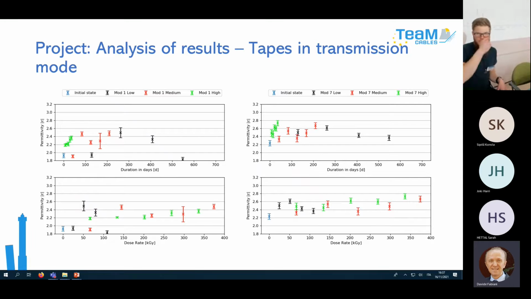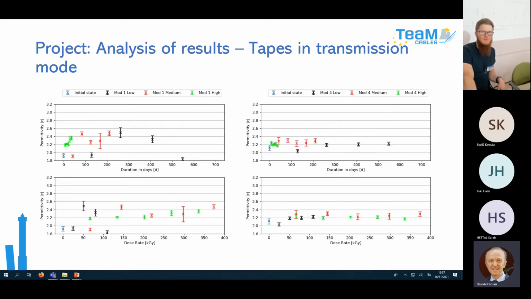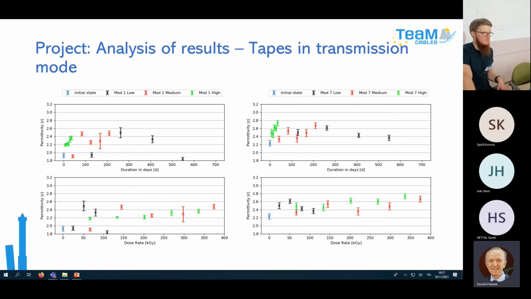Now, if we look at modification 7, with all antioxidants and also a flame retardant, the first thing we notice, if I just jump a bit between the slides, is that the values increase. That's just flat out, you can see that directly. That's not an issue, and the reason for that is ATH, the flame retardant.